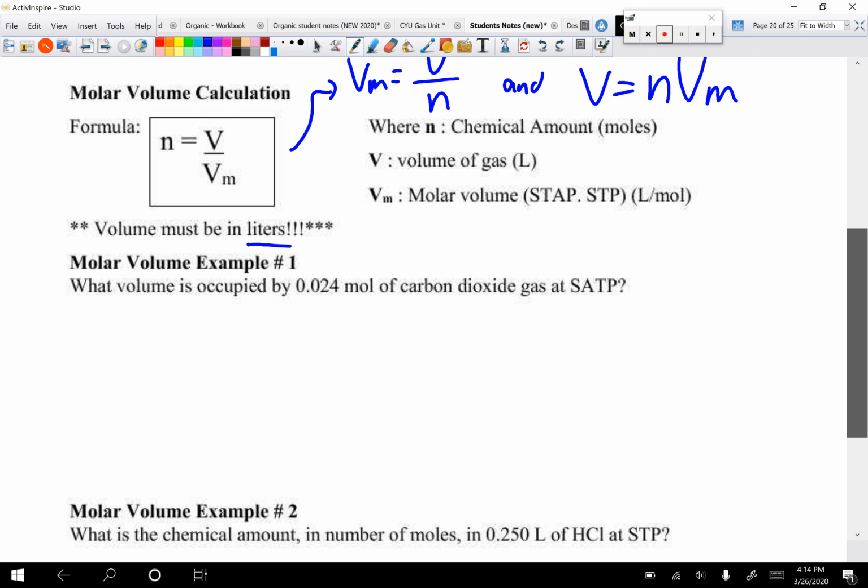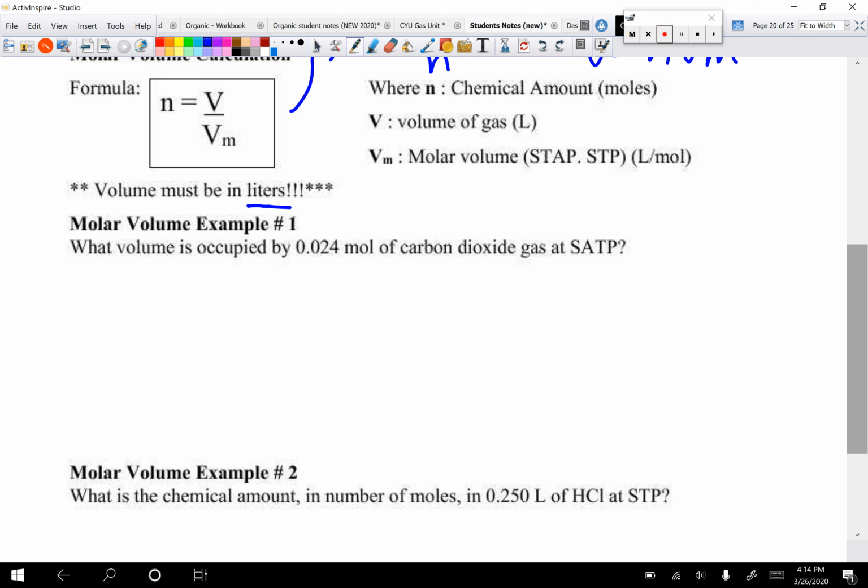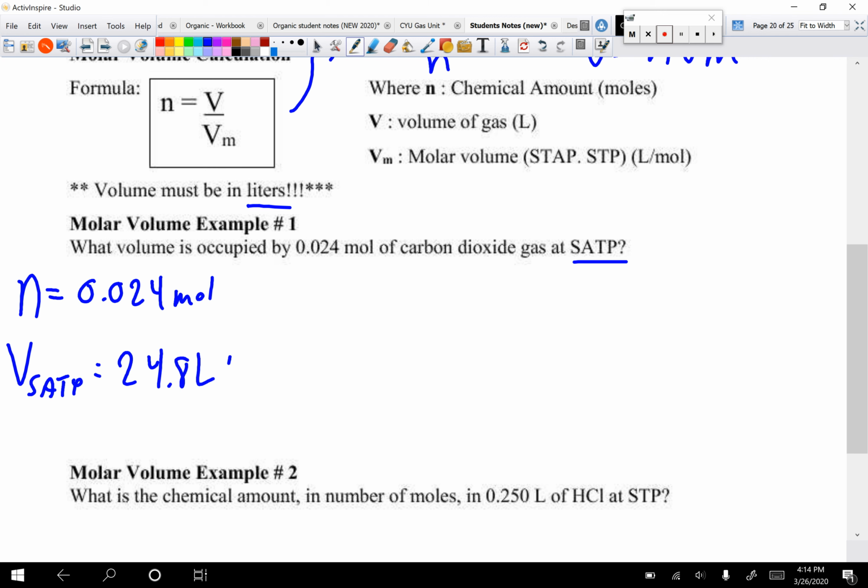So our first example that I have right here, what volume is occupied by 0.024 moles of carbon dioxide gas at SATP? So we know N is equal to 0.024 mole. We have two significant digits there. VSATP can be found above or back of periodic table, 24.8 liters per mole. V is equal to, we don't know.